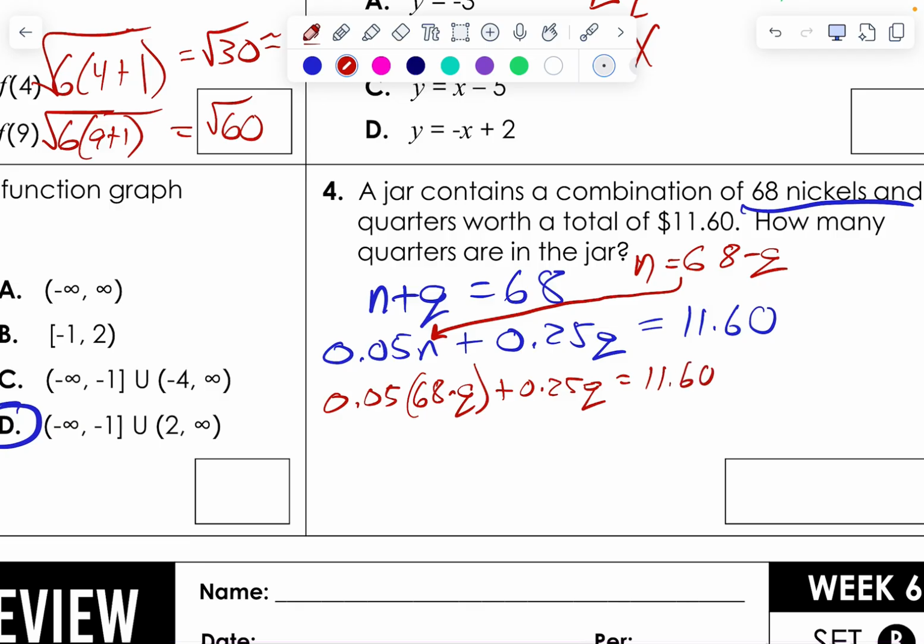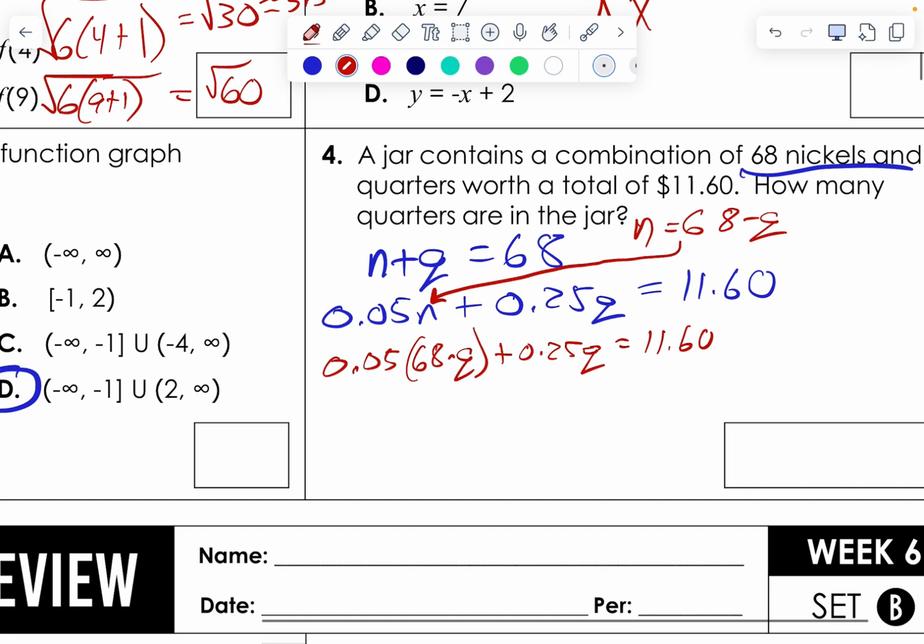And now we have our variables. The only variable in the equation is Q. Someone with the calculator do 0.05 times 68, please. Thank you.